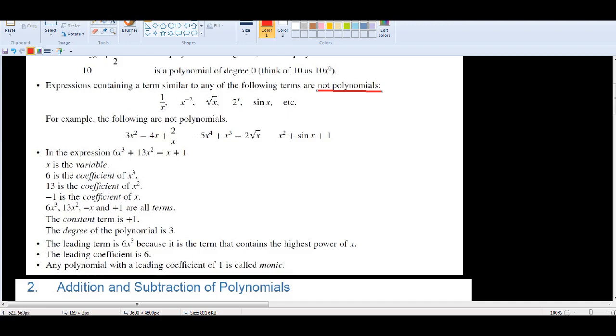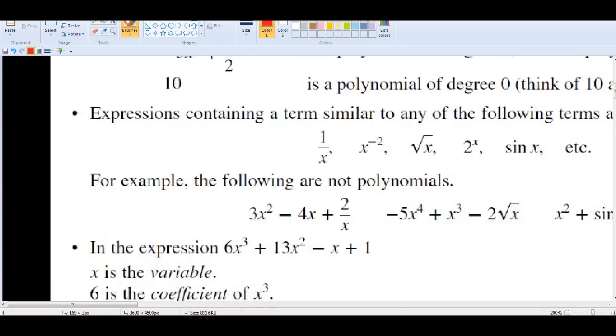And 2 to the power x, what's the problem? Because the base is 2, not x. x squared is okay, but 2 to the power x is not. Sine x is a trigonometric function. So you see there are some non-polynomials. Can you see why they are not polynomials?